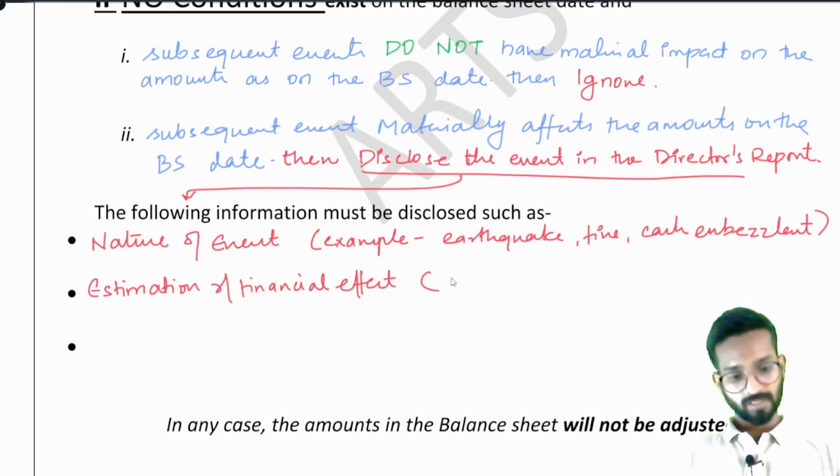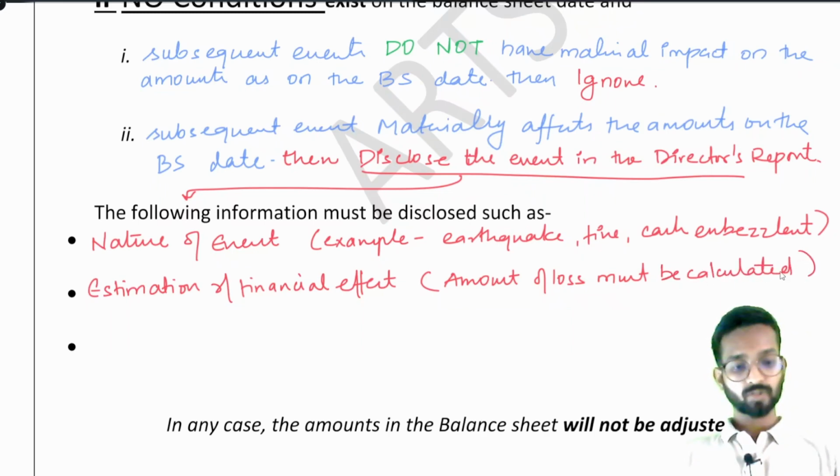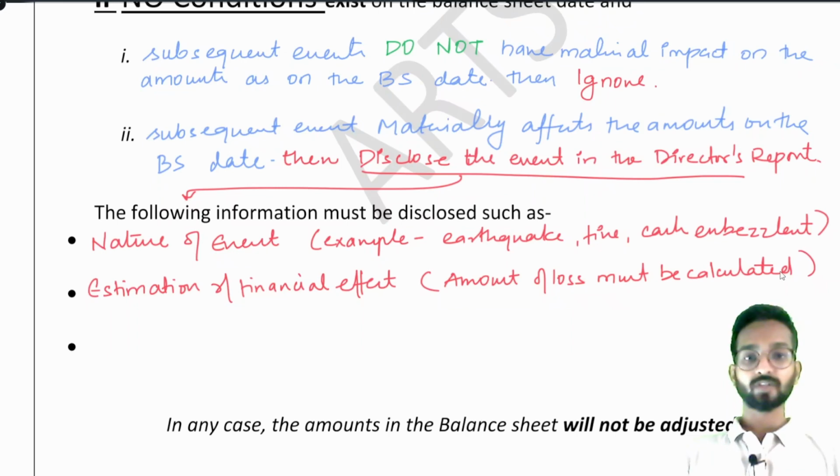After that, I can write here the amount of loss must be calculated. From the earthquake or from fire, how much worth of goods has been burnt in the fire. So we have to quantify that, we have to estimate, understand and calculate the amount of loss.